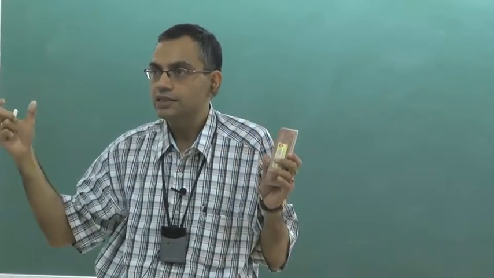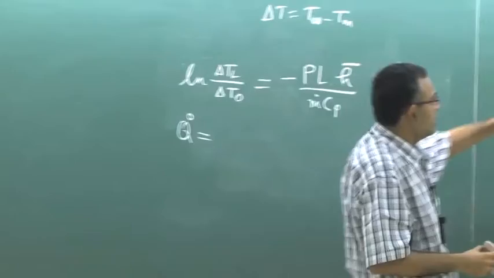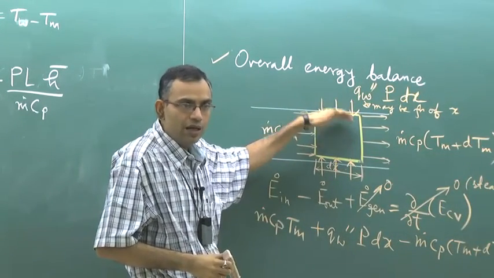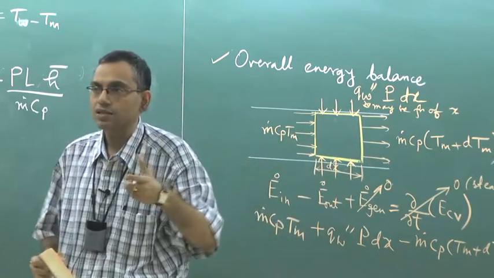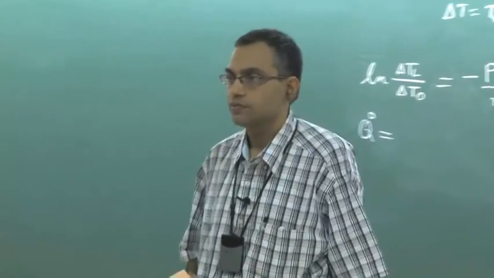Let us say you are doing an experiment. So the situation is that you have a heating coil, a heater at the wall, and you are transferring heat to the fluid. So how do you measure what heat actually has been transferred to the fluid?